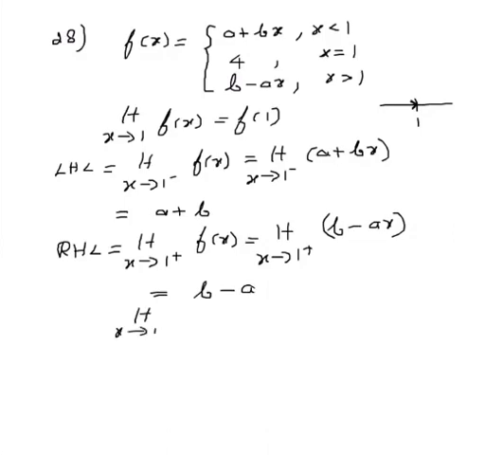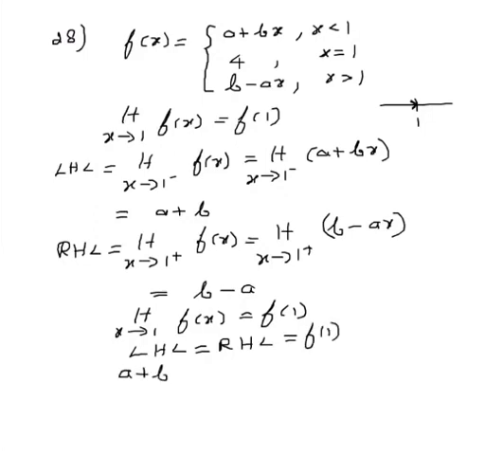The limit as x tends to 1 of f of x is equal to f of 1. This equation is given. So when do we say that the limit at 1 exists? Only when LHL is equal to RHL. Therefore, LHL equal to RHL is equal to f of 1.